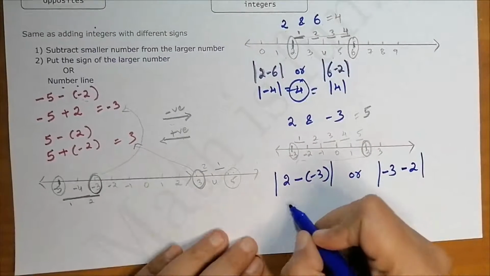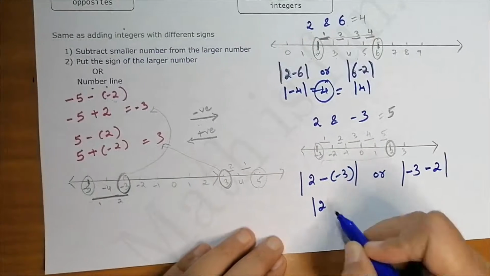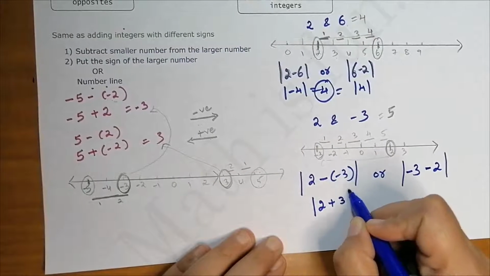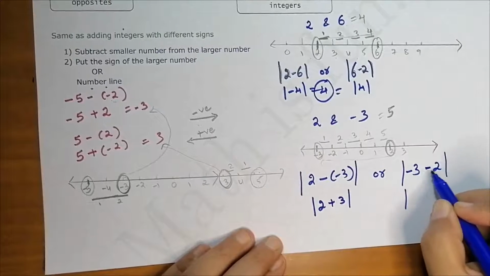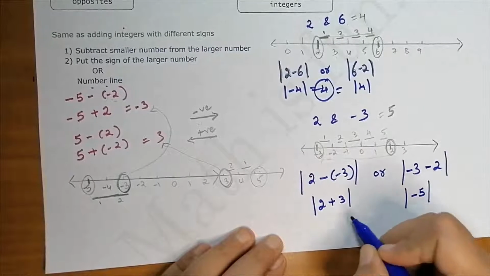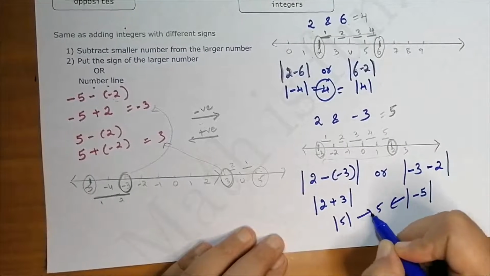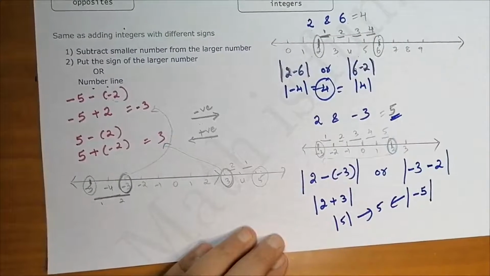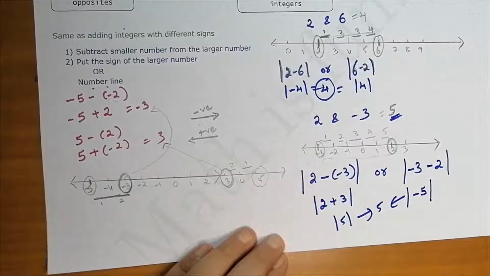So let's solve it. So this is 2 minus and minus becomes plus, right? So this is 2 plus 3, absolute value. And here it is minus 3 minus 2 becomes minus 5, right? And this is 5. So the answer for both of them will be 5, which is the same as here. So this is how you do it using absolute value format.